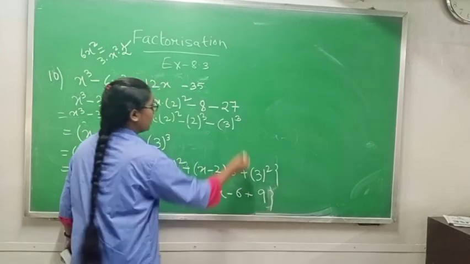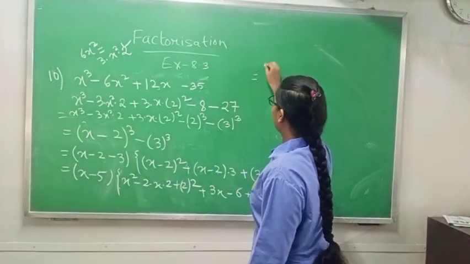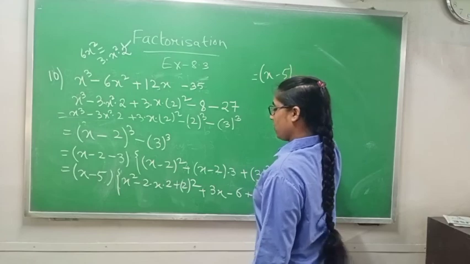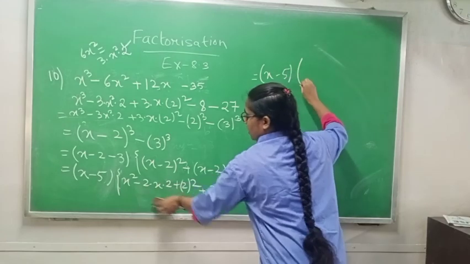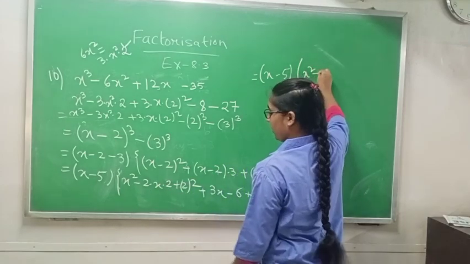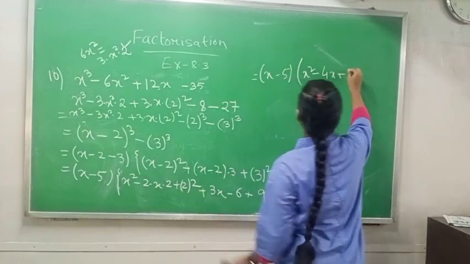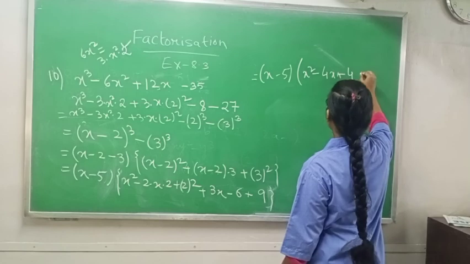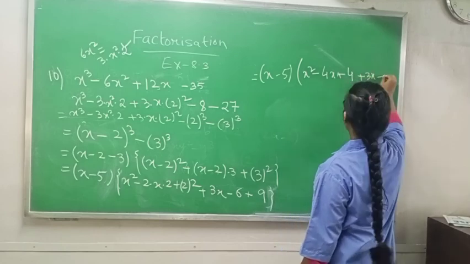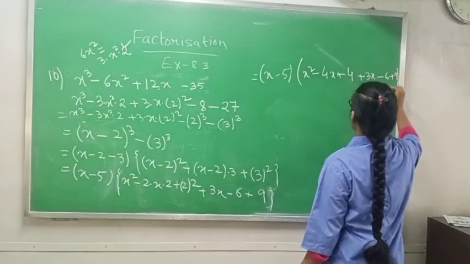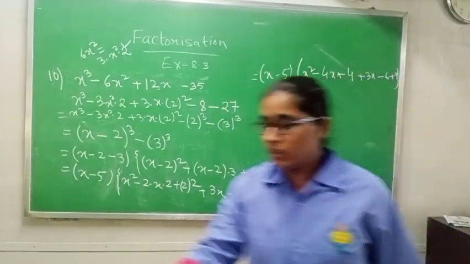Now after that I am taking this side x minus 5. Then x square minus 2 into 2x, 4x, plus 2 square will give you 4, plus 3x minus 6 plus 9.